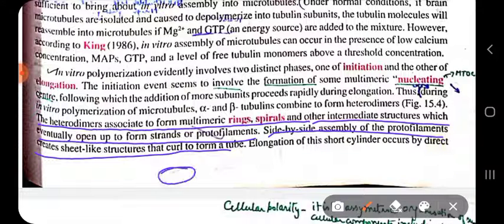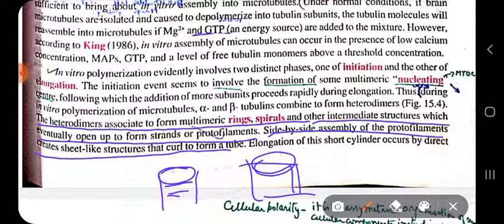So these protofilaments curl side by side and first create a sheet-like structure, and then this sheet-like structure curls up to form a tube-like structure.